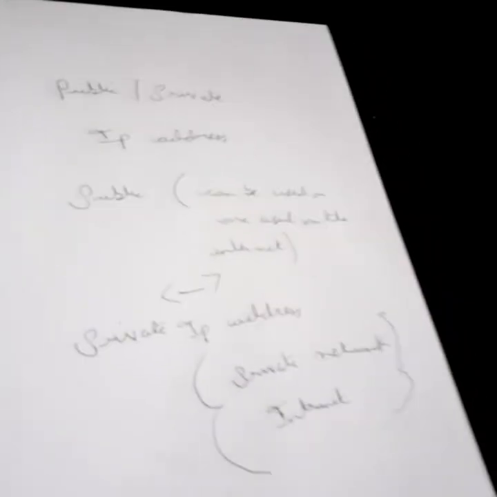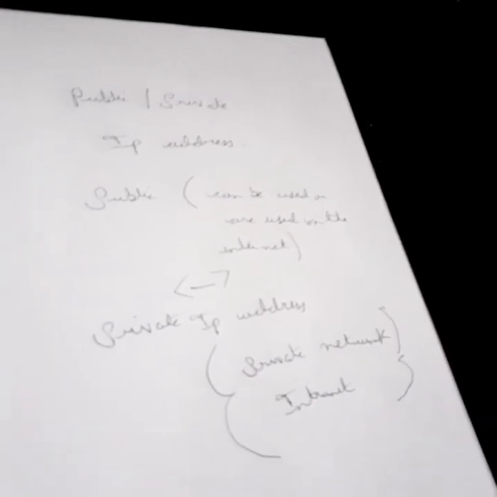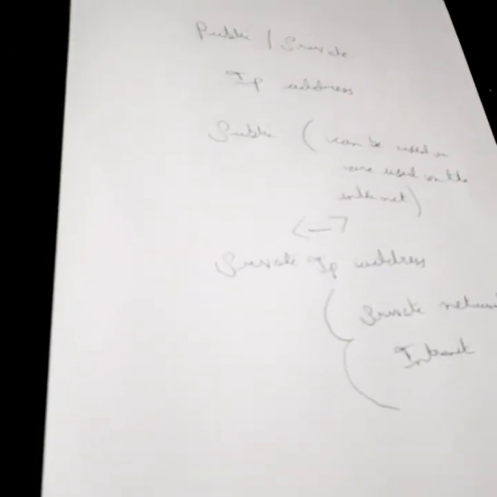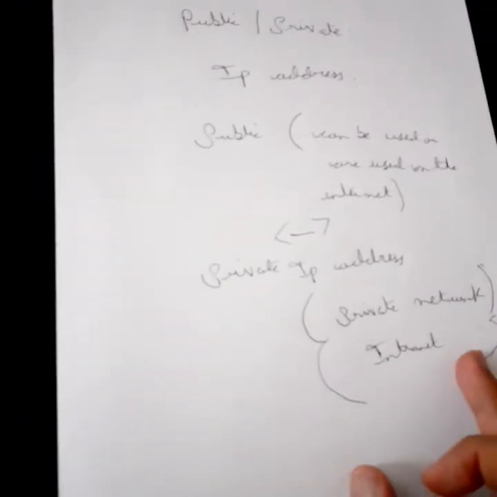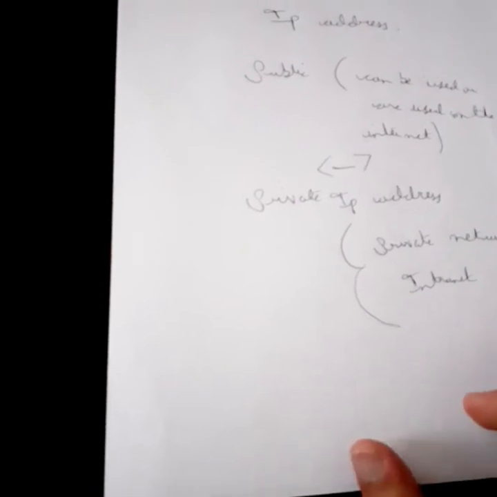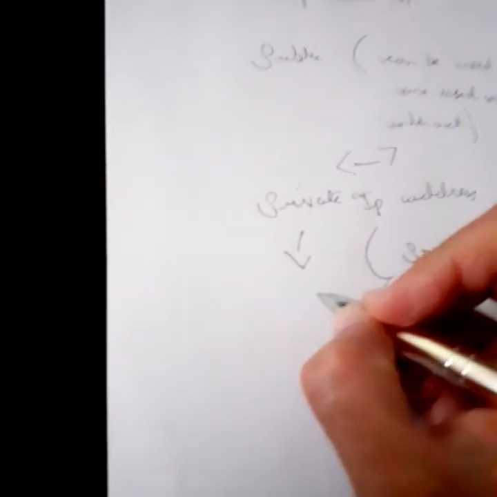Now, supposedly, somewhere, somehow, if someone asks you the range for them, that would be an interesting one. But as a student and as an engineer, you should know the different ranges as well. So let's go with private IP ranges.